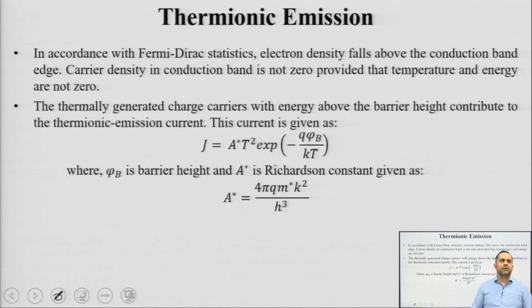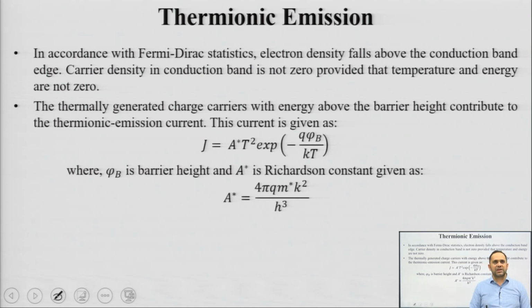In accordance with Fermi-Dirac statistics, the electron density falls above the conduction band edge. As you keep going above the conduction band, the probability of finding electrons tends to reduce, so electron density tends to reduce. But carrier density in the conduction band is not 0. It may be small, but it is not 0, provided that temperature and energies are also not 0.